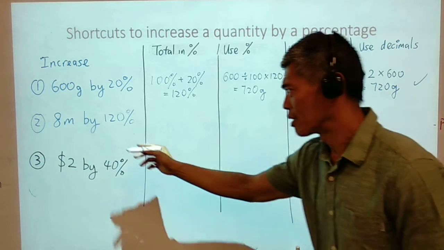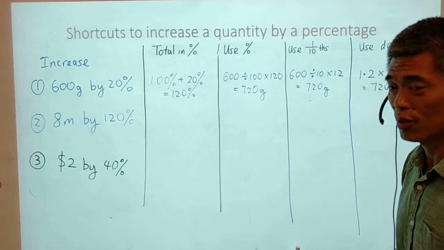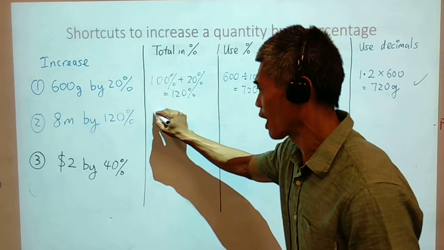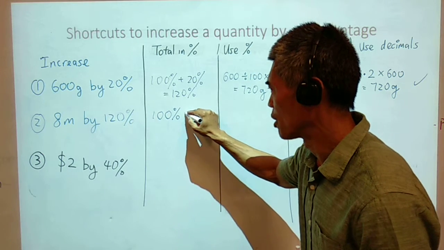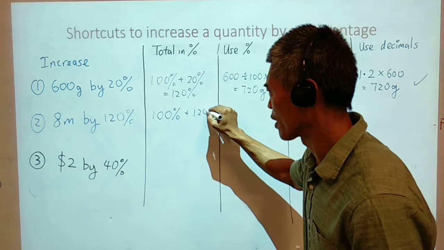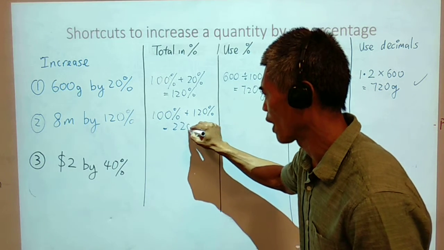Let's try another one. We're going to increase 8 meters by 120%, which means you're going to add 100%, which is the original amount, to another 120%, giving you a total of 220%.